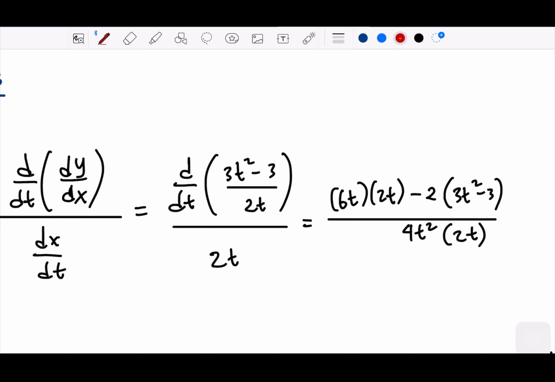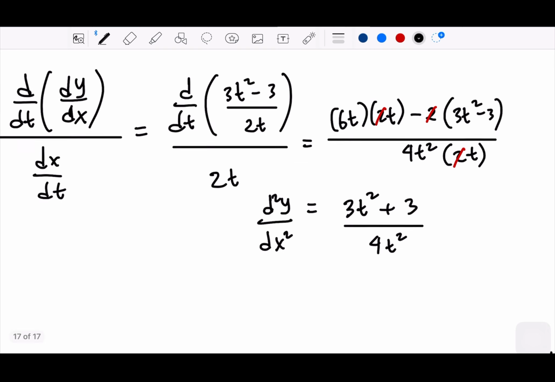I think we can cancel all this part, right? So this will be 6t squared minus 3t squared, or let me directly write 3t squared plus 3, over 4t squared, right?